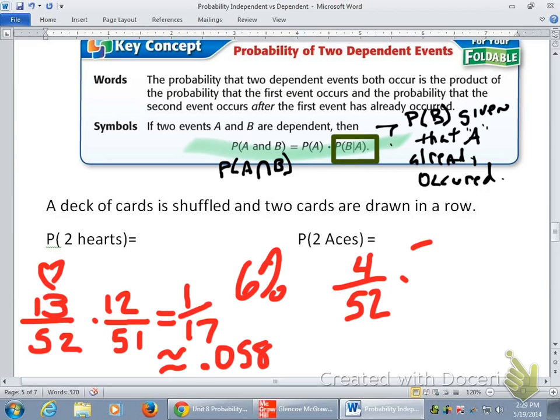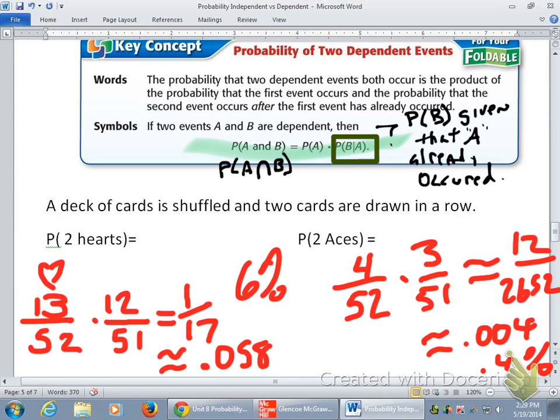Yeah, there's only 3 to choose from now, right? And there's only 51 cards left in the deck. So let's run that number, 12 over something. Okay, so I probably rounded wrong, but 0.004, which is 0.4%. That's less than half of 1%, right? Very small probability of getting 2 aces in a row.